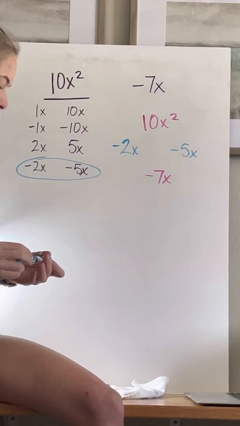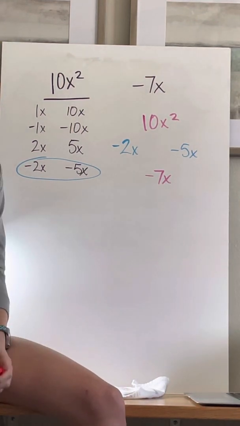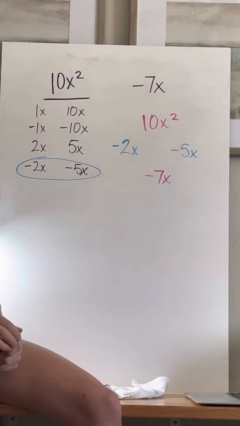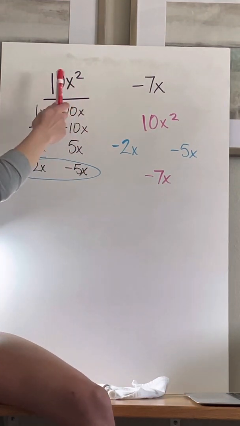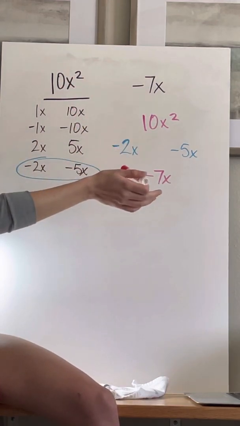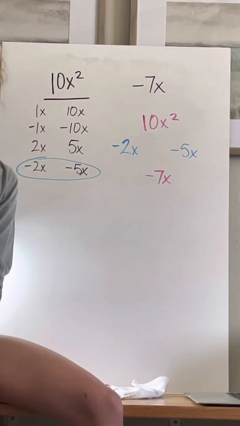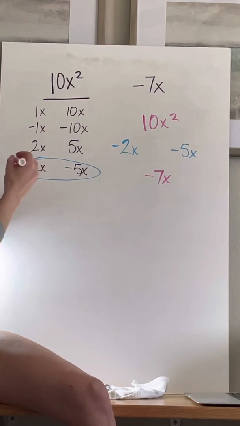But the trick that I want you guys to pay attention to, that might be helpful so you don't have to list a whole ton of multiples, because sometimes that can get annoying. Anytime you're in this situation, where you have a positive product, so we have 10x squared, and you have a negative sum, which in this case is negative 7x, your multiples that are going to work are always going to be negative.